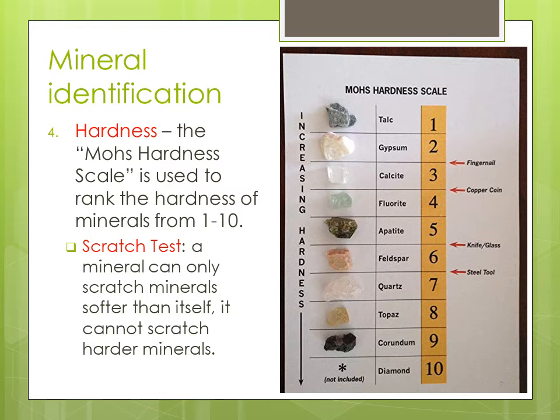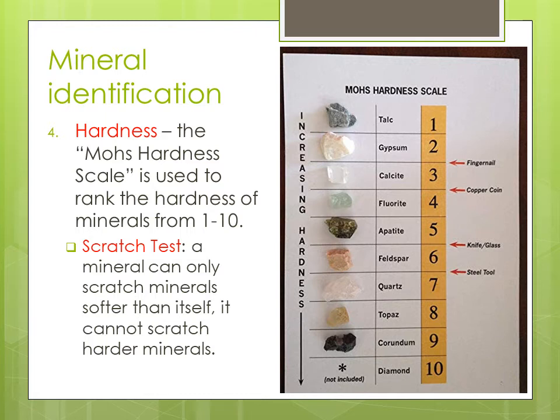Here we're going to have to use maybe some metal, or a knife, or glass to scratch them. Then we get to feldspar, and then when we cross this threshold, we get to quartz and topaz and corundum, where we have to use a steel tool, a hard metal tool to scratch them. They're very hard. The hardest mineral is a diamond. That is ranked number 10.